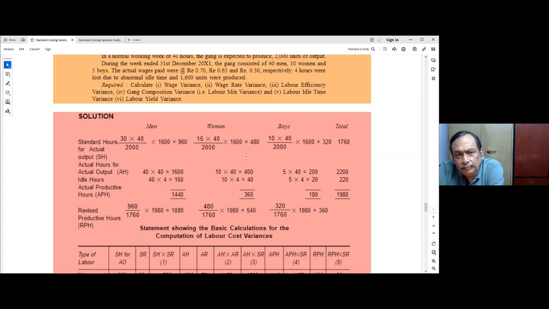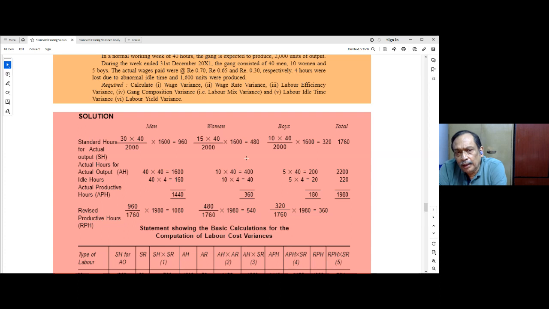So from actual hours for actual output, we deduct the idle hours that we have calculated. Then we get actual productive hours, that is men 1440, women 360, boys 180, and total 1980.